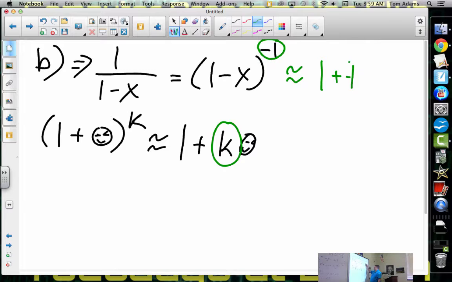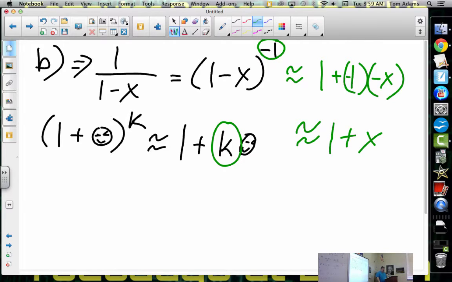It's like plus minus 1 times negative x. All right, so the negatives cancel, and I would say that that's approximately 1 plus x, right? So whatever value I get for that, and I plug it in, I can get an approximate value. Does that make sense? All right, may I move on to the next one?